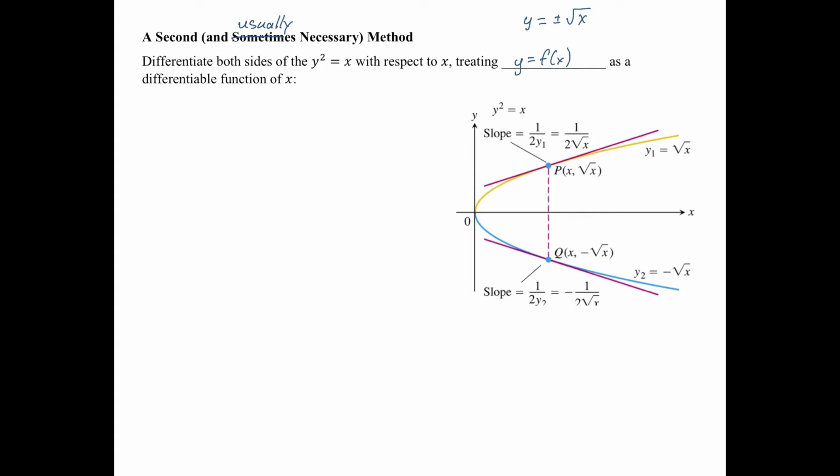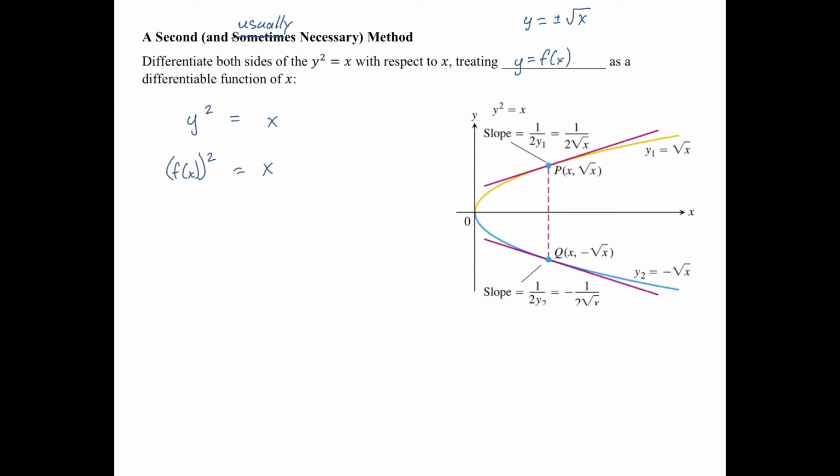Well, let's see what we have written. We have y squared equals x. But instead of solving for y this time, I'm going to consider y as a function of x. So we have f of x squared, and that will be equal to x. And again, this is what we're used to: y is equal to f of x.